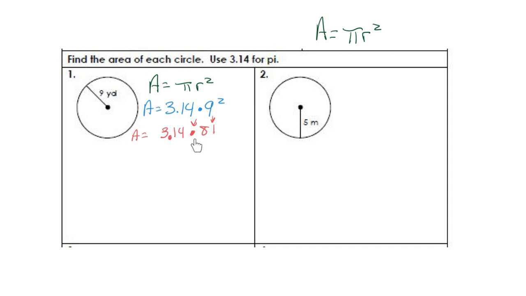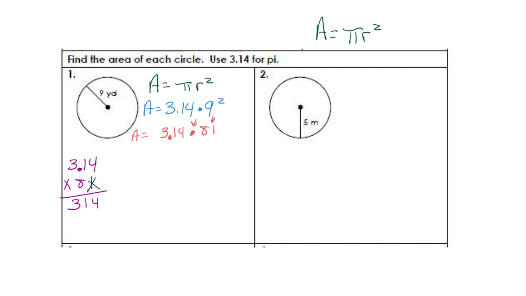Now I have 3.14 times 81. So off to the side, I can go ahead and set up that math problem. So 3.14 times 81. Okay, so remember we're going to go 1 times 4 gives you 4, 1 times 1 gives me 1, 1 times 3 gives me 3.